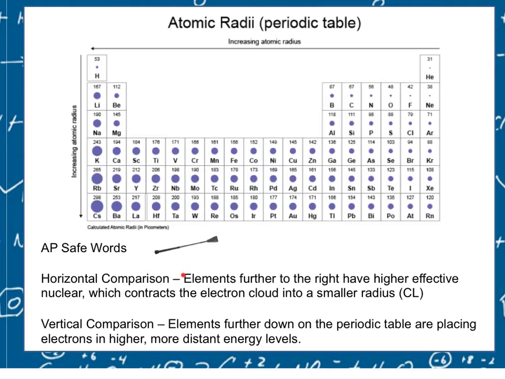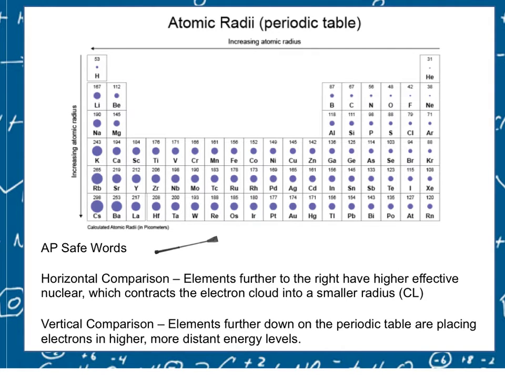You're going to say elements further to the right have higher effective nuclear charge, which contracts the electron cloud into a smaller space, and you're going to drop Coulomb's law, put your formula in there, say that the effective nuclear charge is increasing the numerator, which increases your force, drawing them into a smaller radius.